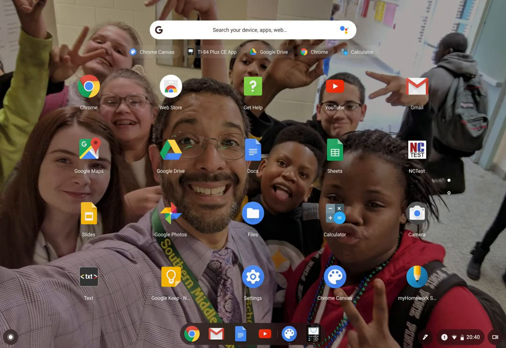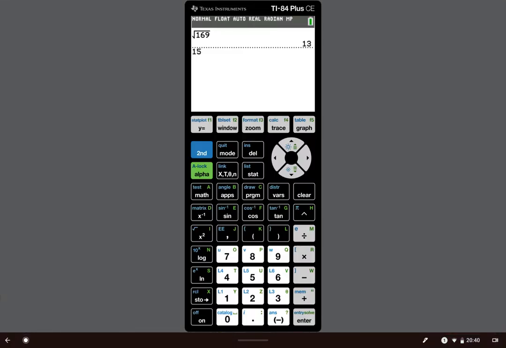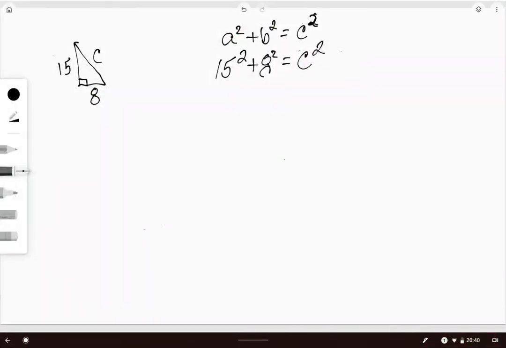So 15 times 15, or 15 squared, gives me 225. So I have 225 plus 8 times 8 is 64. So all of that equals c squared.